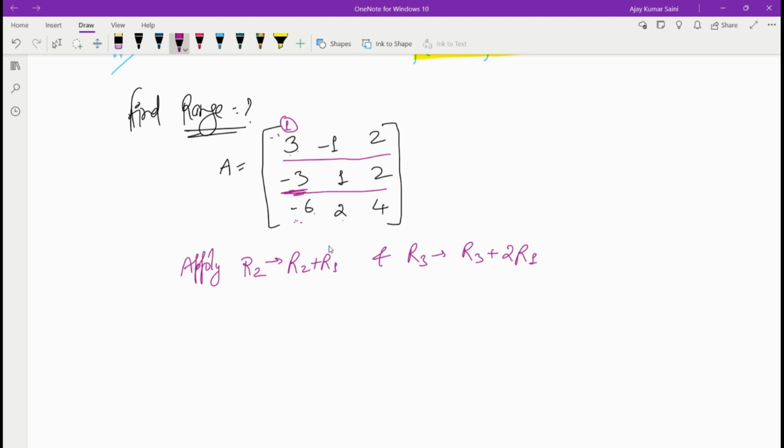So see the next matrix. A is equal to 3 minus 1 2.